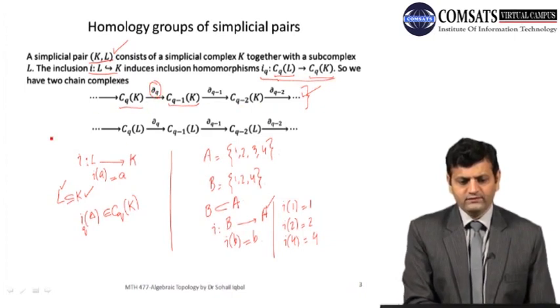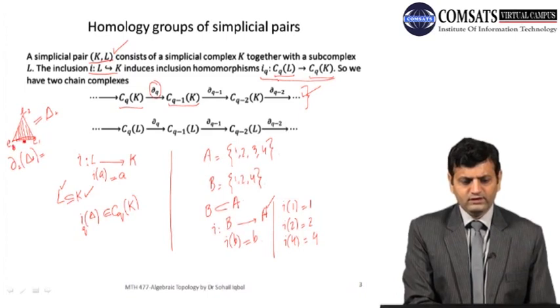So how to define these boundary maps? For example, if I have a 2 simplex, for example this shaded triangle with elements E0, E1, E2, let's call it delta 2. So what is the boundary partial 2 of delta 2? The boundary we can easily calculate. Basically it will consist of E1 E2, E0 E2 and E0 E1.